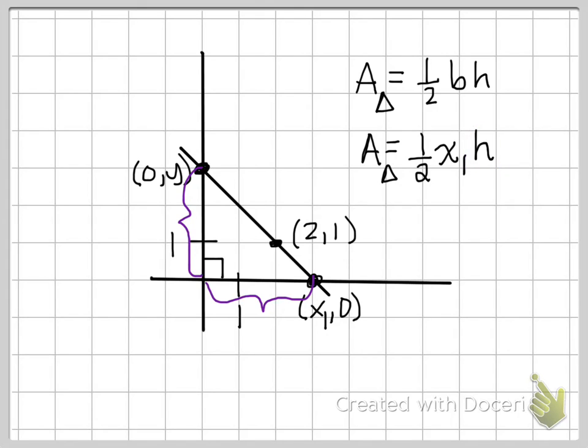Someone might say, well, I don't know about x, but I do know that the height is y. Well, that's taking a step, but in order to answer the question, finding the area of the triangle in terms of x, I need to find out what that y is in terms of x.